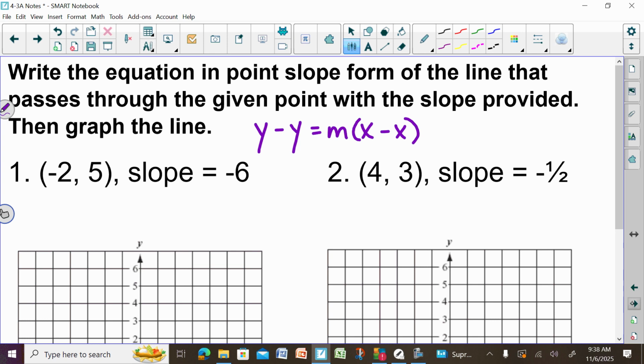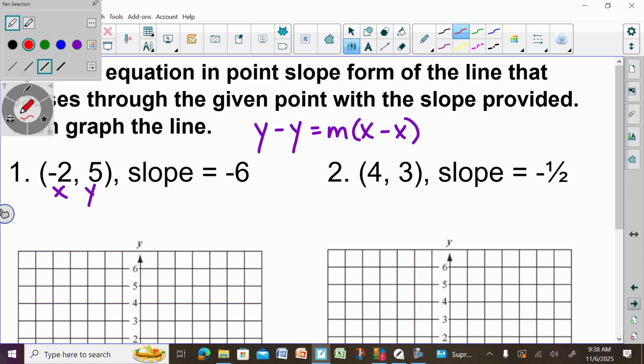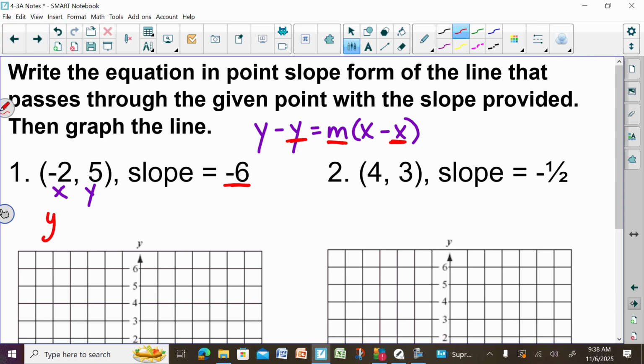So this is going to be my x value. This is going to be my y value. So when I plug them in, I am replacing this spot right here with the x and the y. And then the -6 slope will go in for the m. So for number 1, the y value is 5, so minus 5.